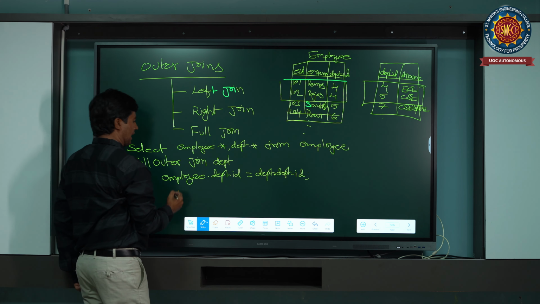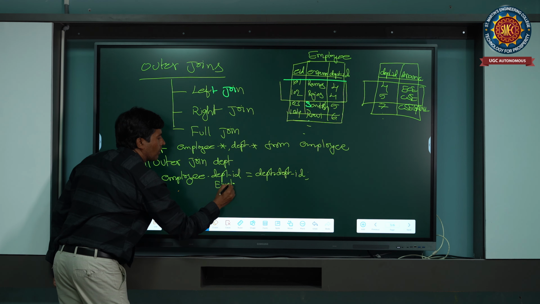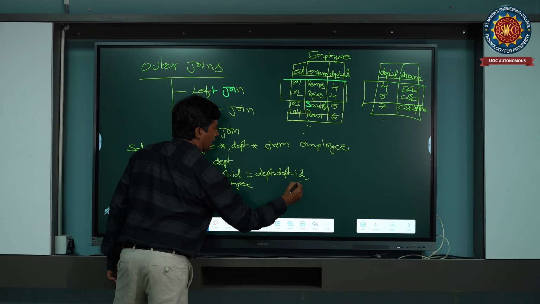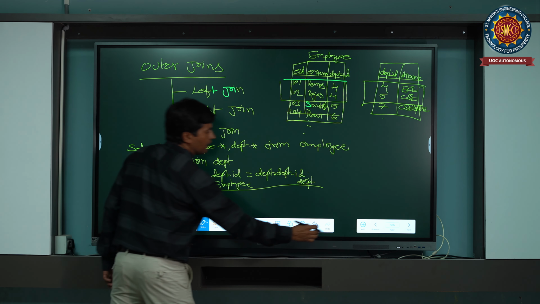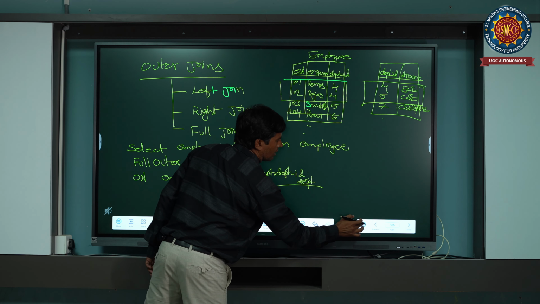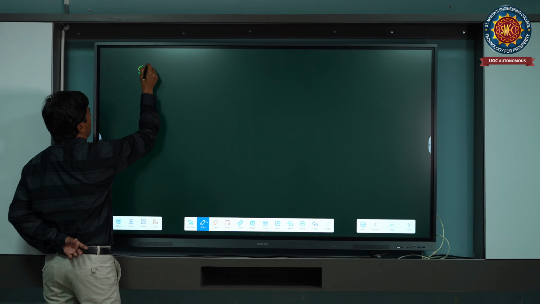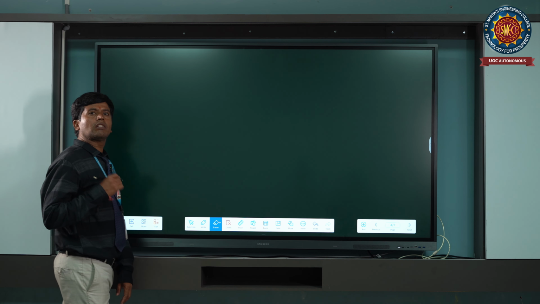Let's take the example of the employee table and the department table. Instead of right outer join or left outer join, now we are using full outer join.